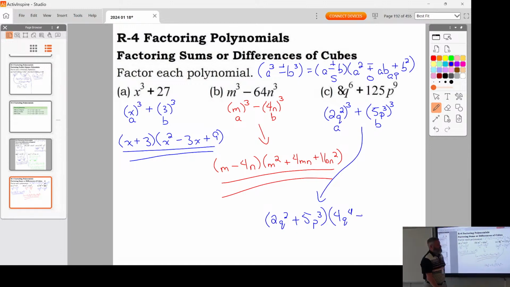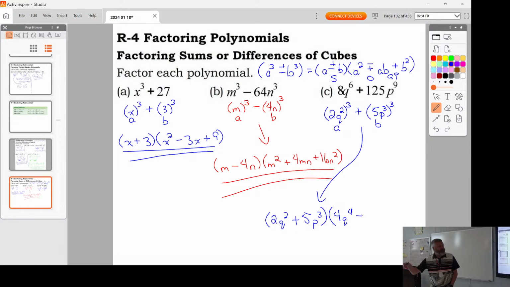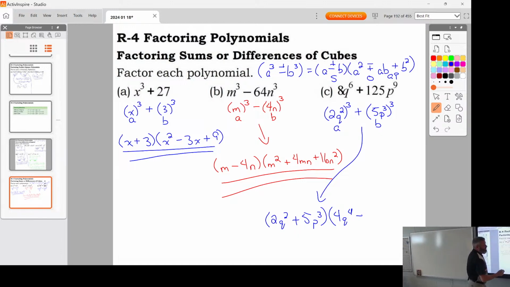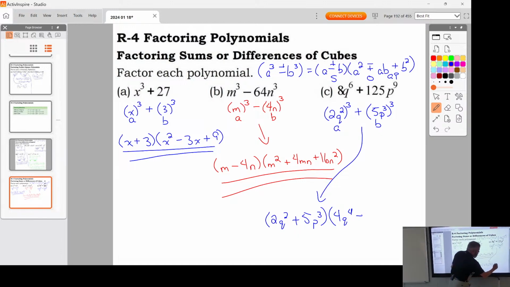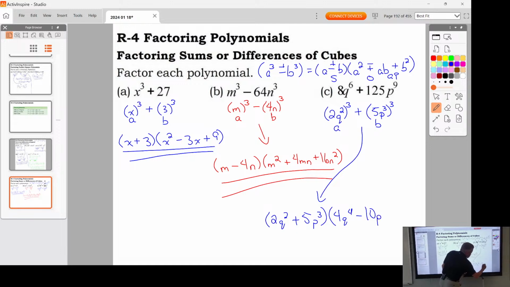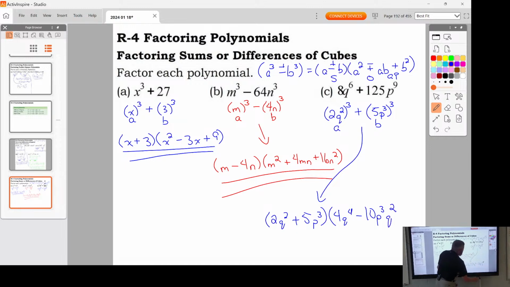Opposite sign, minus a times b. 10p cubed q squared.